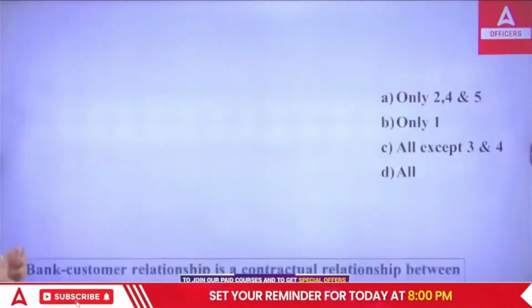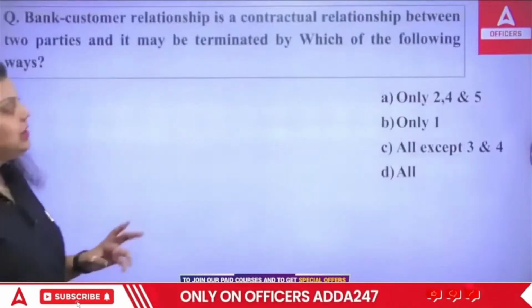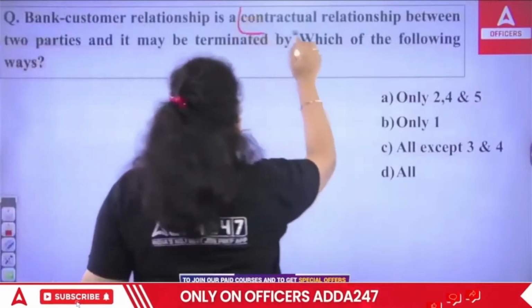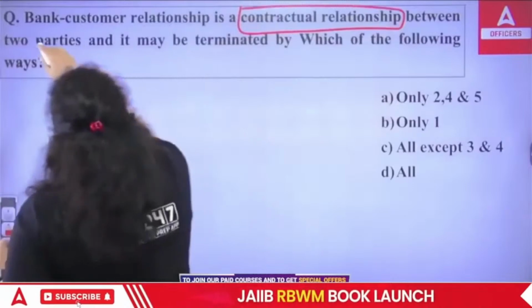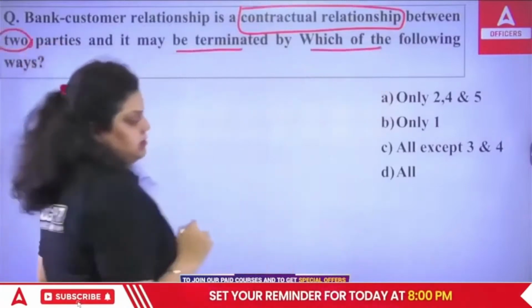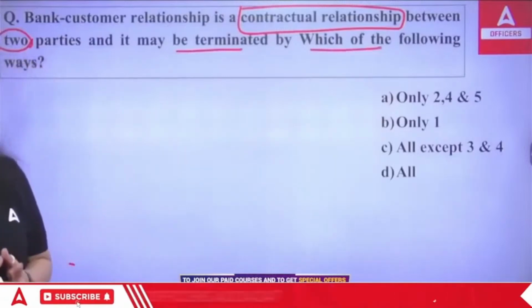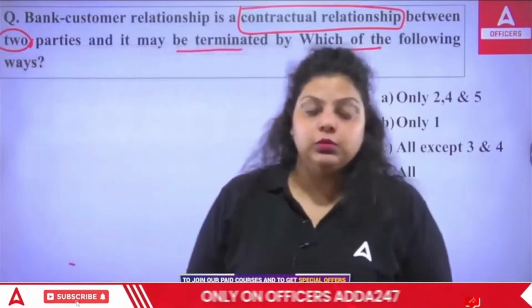Okay, next question. Now, bank customer relationship is what? It's a contractual relationship. Obviously, bank customer relationship is a contractual relationship between two parties, and it may be terminated by which of the following ways. So every time bank and customer have a relation, that's a contractual relationship between bank and customer.